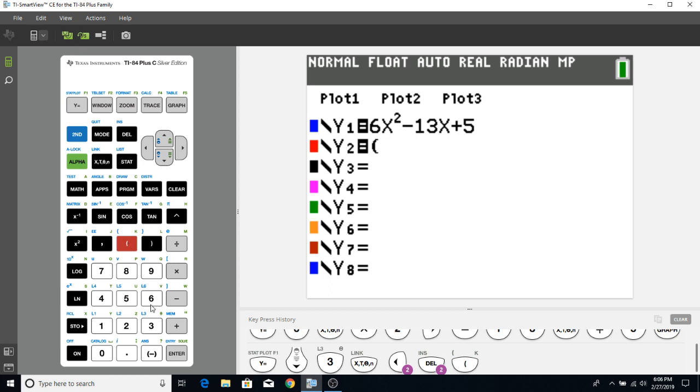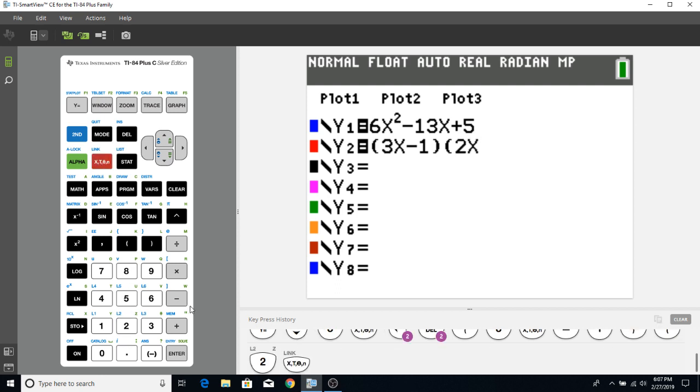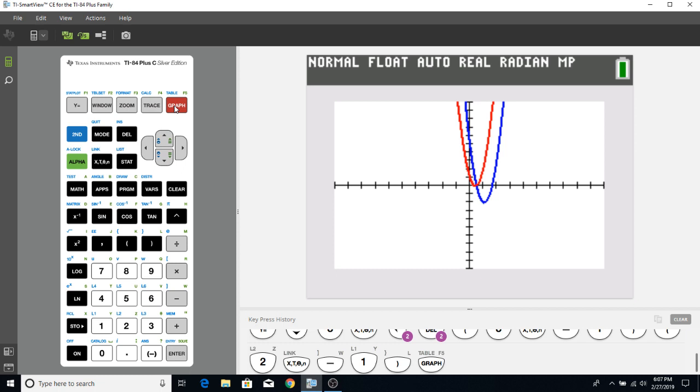Open parentheses, 3x minus 1, close parentheses, open parentheses, 2x minus 1, close parentheses. And you can look at this two ways. You could graph it. As you can see, they don't overlap perfectly, so you know that this is not correct.